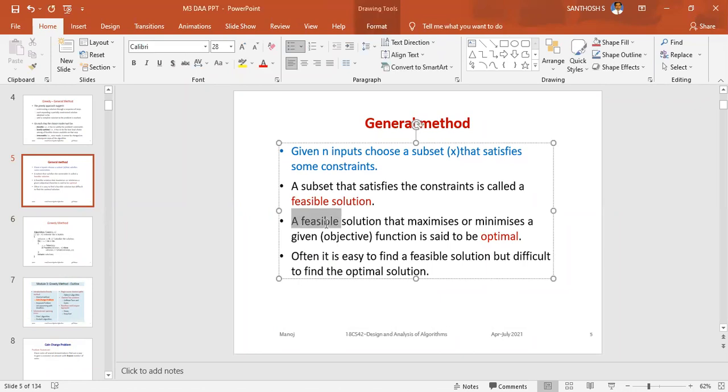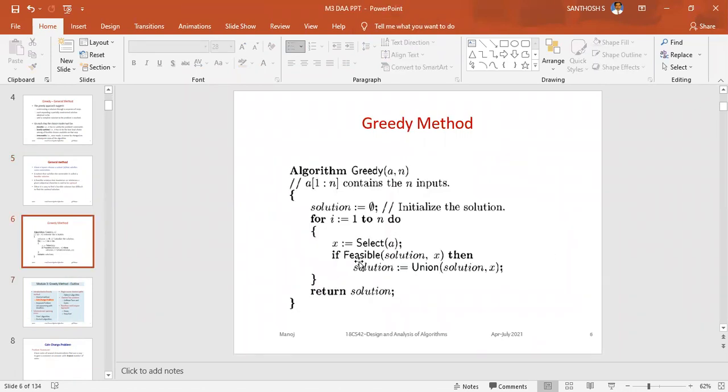Once you take the subset x, the next thing is to make it a feasible solution. How to find the feasible solution? Using this condition: if feasible of solution comma x. If x is feasible, place it in the solution. That is nothing but a feasible solution. If the subset you have taken meets all the conditions, place it in the solution, so solution is equal to union of solution comma x.